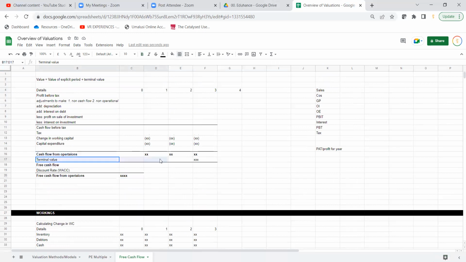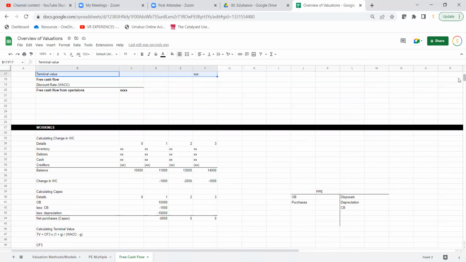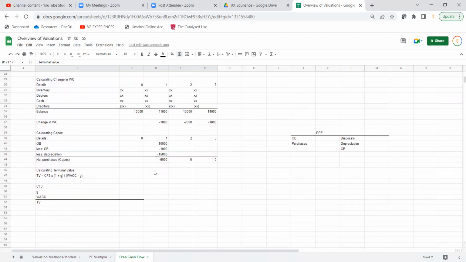Once again, for the terminal value, I just want to bring your attention, if you want to identify errors, there will be lots of errors in the terminal value. So you must have a look. Are they using the correct cash flow number? Are they using the correct growth rate? And are they using WACC, and not another discount rate?